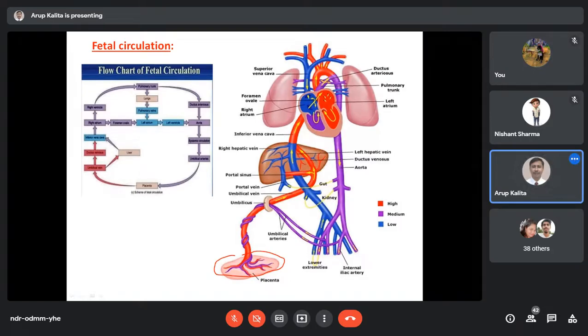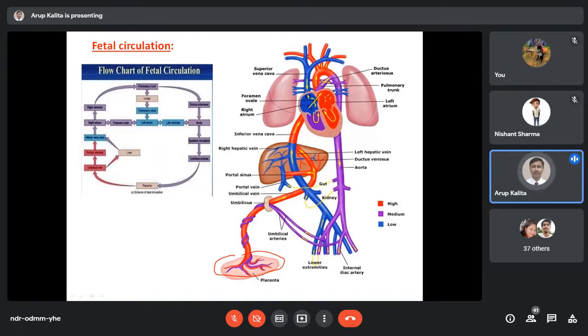In the placenta, the exchange of gases takes place. In the adult individual, the exchange of gases takes place in the lungs, but in the fetus, it occurs in the placenta, not in the lungs, because lungs will develop very late.